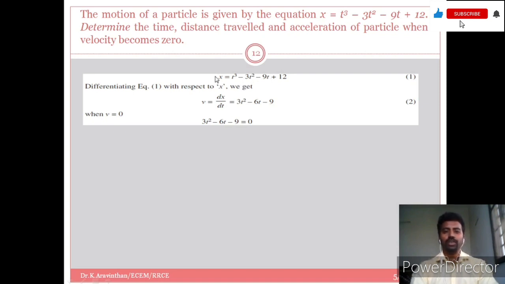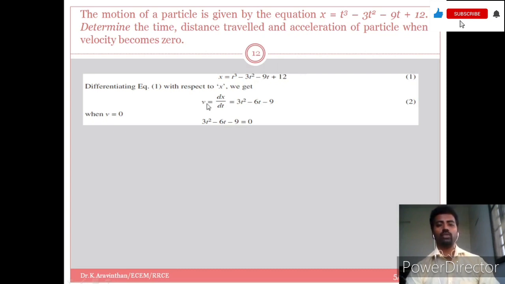So if we know the equation for displacement, then we can identify the remaining component, velocity. If we differentiate with respect to time, we will get the velocity. Right now if you differentiate, t cube will become 3t square, and 3t square will become 3 twos are 6, so 6t, and 9t will become 9 and the constant will vanish.